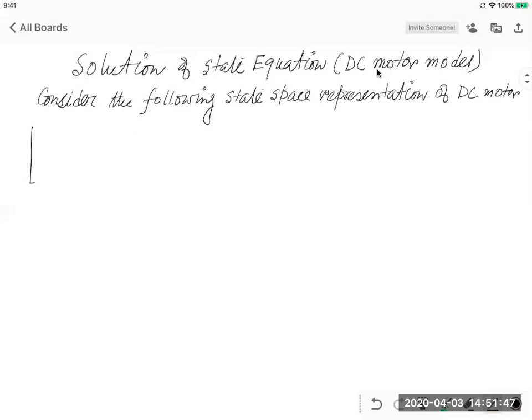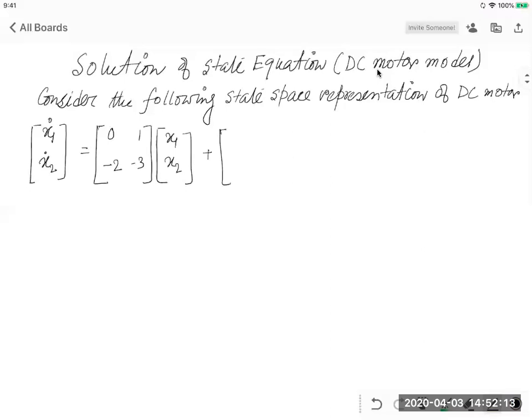Write the vector x1 dot, x2 dot equal to the system matrix 0, 1, minus 2, that is in controller canonical form, multiplied by state vector x1, x2, plus input coefficient matrix 0, 1 multiplied by input.